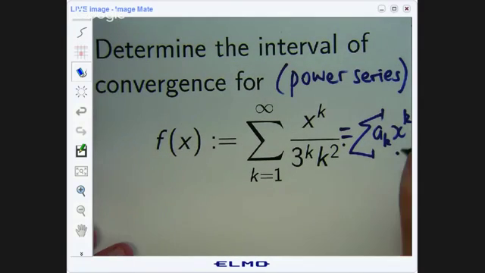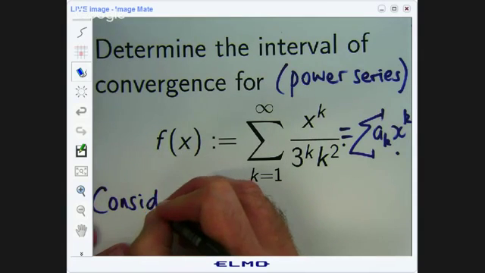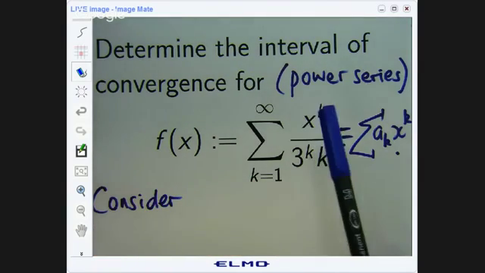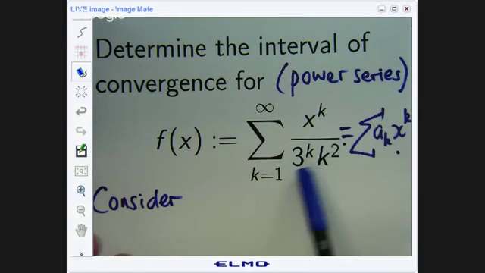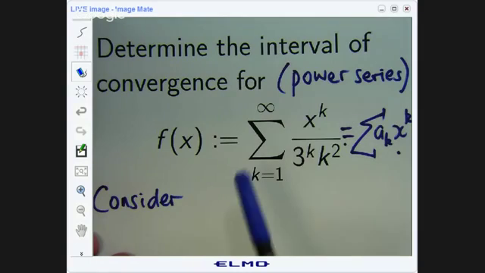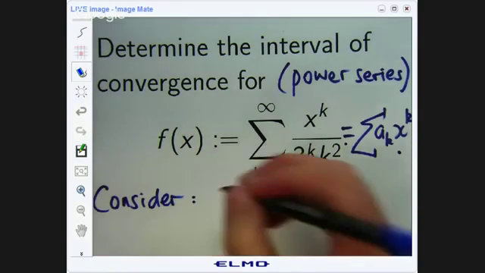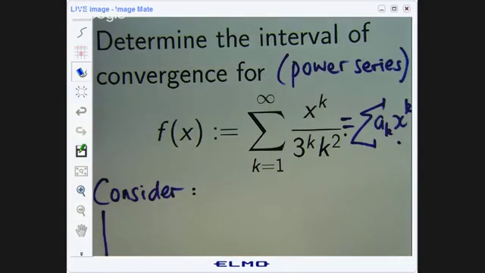Well, we use an idea called the ratio test. So we are going to look at the ratio of this whole thing with k replaced by k plus 1 over this thing. So let me show you here. Okay, so let me move that up a bit.